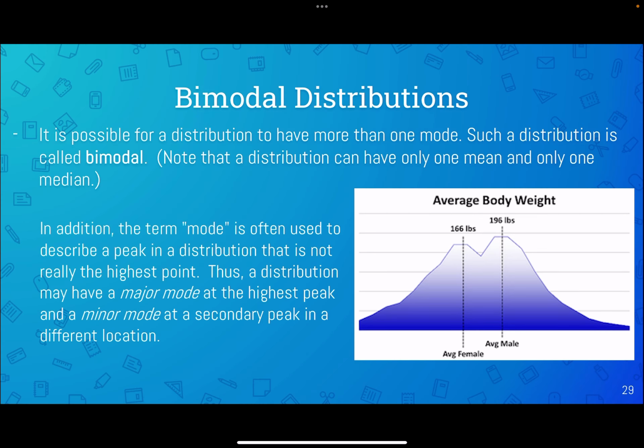We can have a bimodal distribution. We can have one mode, zero modes, or more than one mode, because we can have different types of scales. If you see this one, we are measuring average body weight, and of course we need a mode for females and we need a mode for males. But in some cases, we can have no mode.